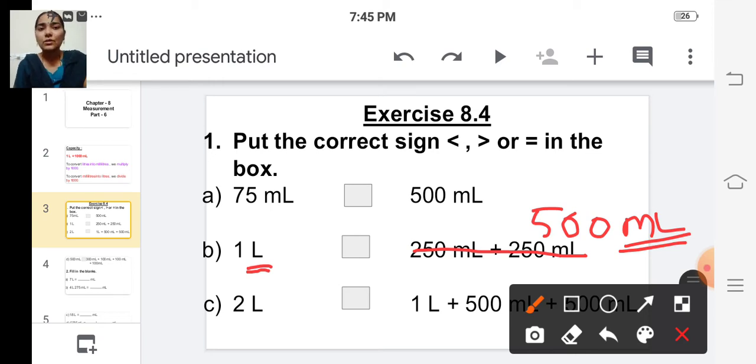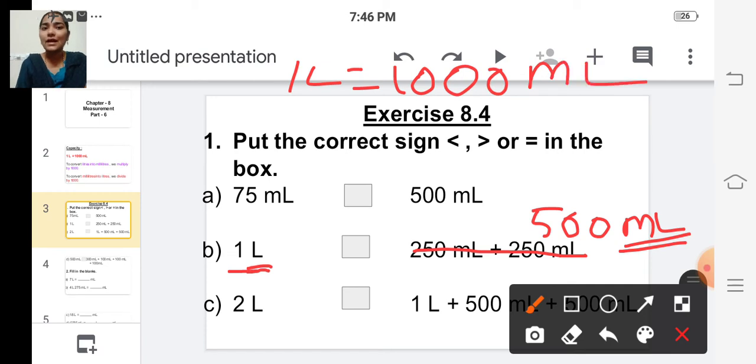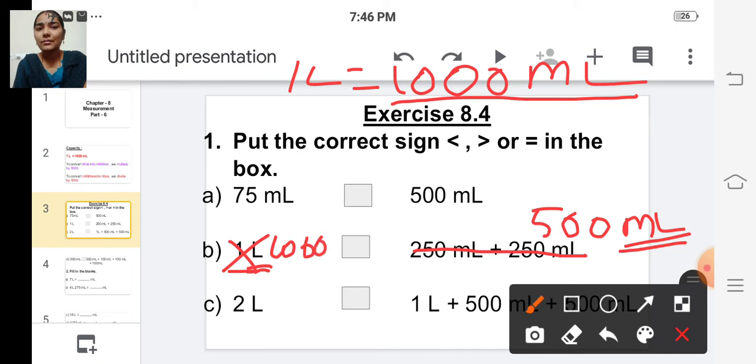Here 1 liter, we know that 1 liter is equal to 1000 milliliter, right? So instead of 1 liter, shall we write this 1000 milliliter? Yes. So here 1000 milliliter. Now here also milliliter and here also milliliter. So now we can compare.